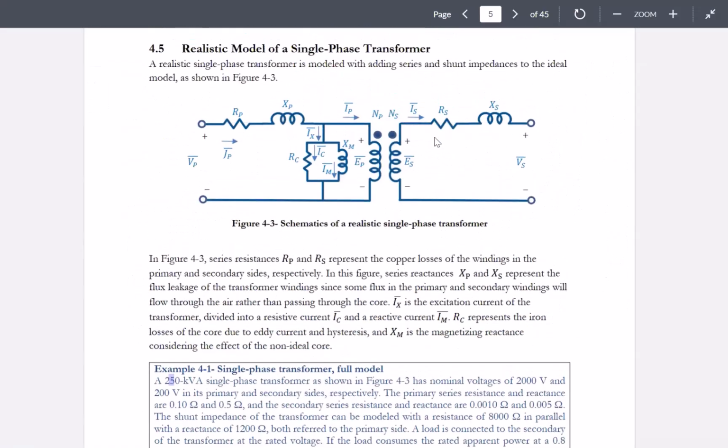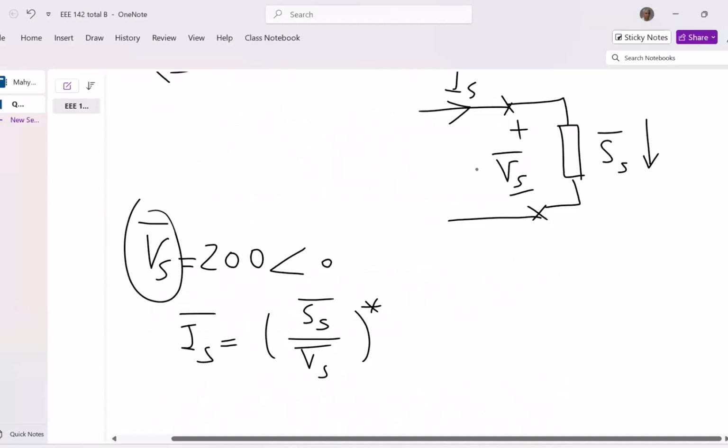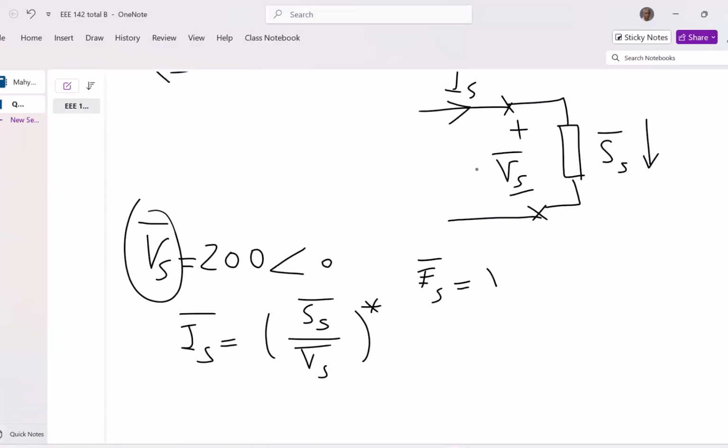When I have IS, then I can find the voltage drop in here, which through KVL in this path would give me ES. So therefore, I can say that ES would be equal to VS plus (RS plus jXS) times IS, right? So this gives me ES.